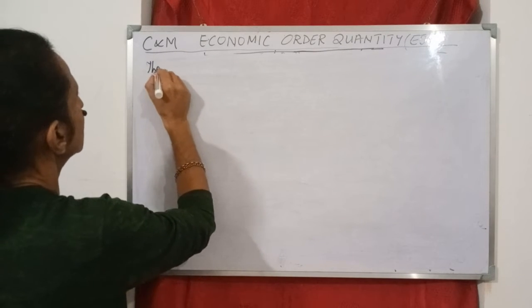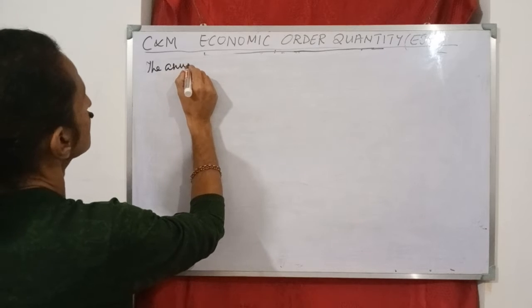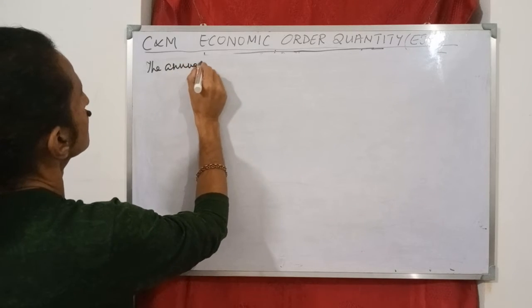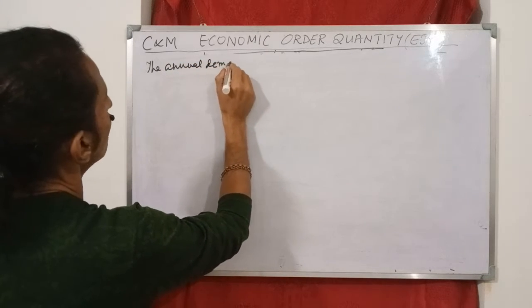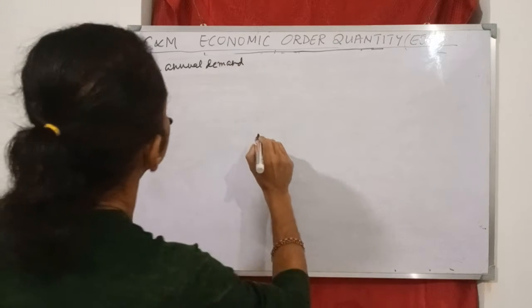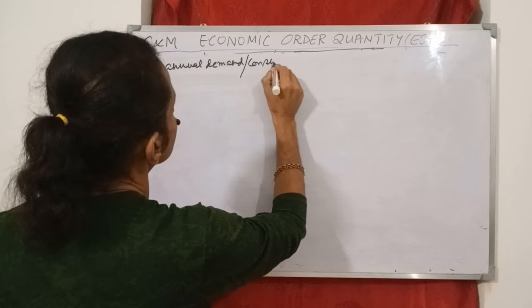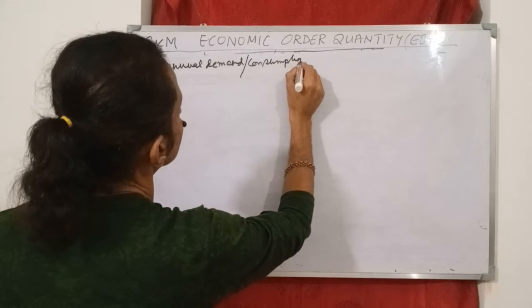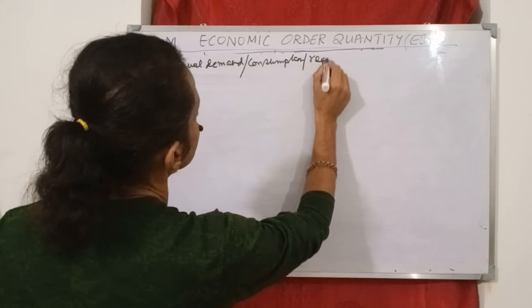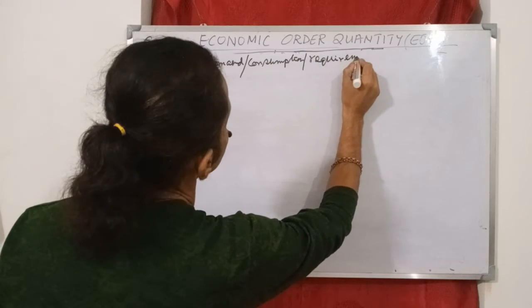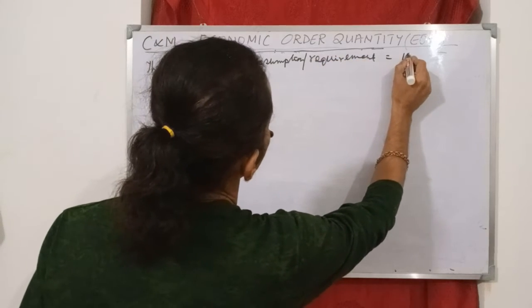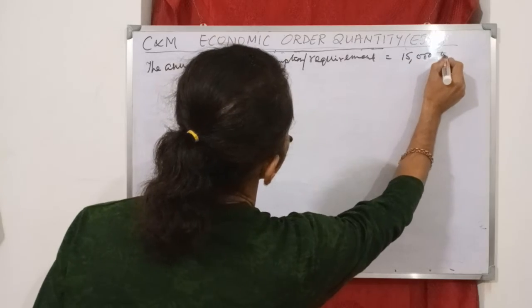The annual demand or requirement or consumption, same thing, is 15,000 units.